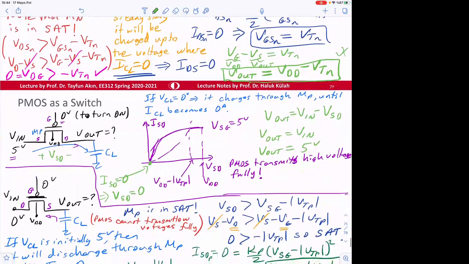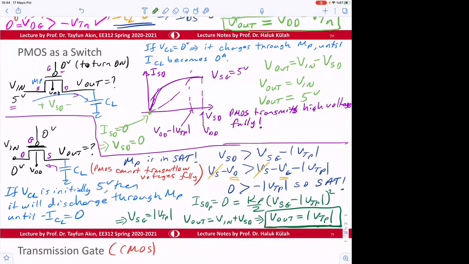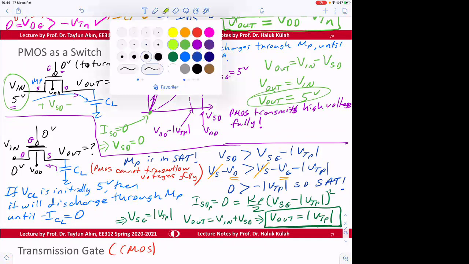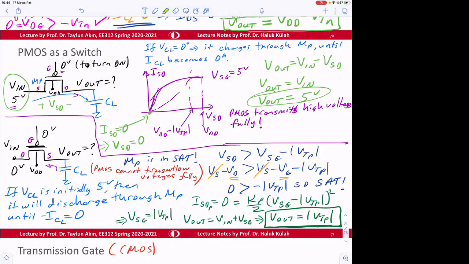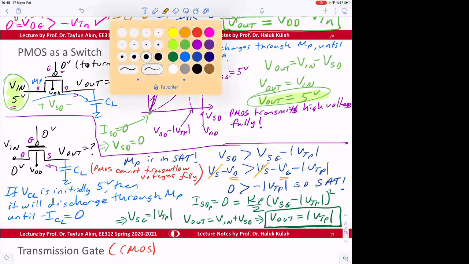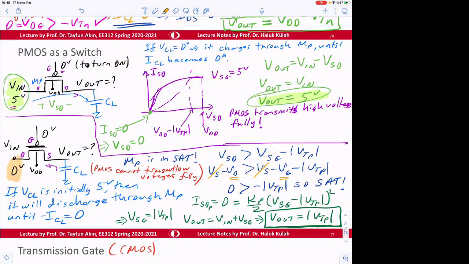So similarly, we look at the PMOS transistor, and we notice that PMOS transistor is good in transmitting high voltages. If the input is 5 volt, output is 5 volt. So that's good. But in the PMOS, unfortunately, if the input is 0, output is not so good, VTP.